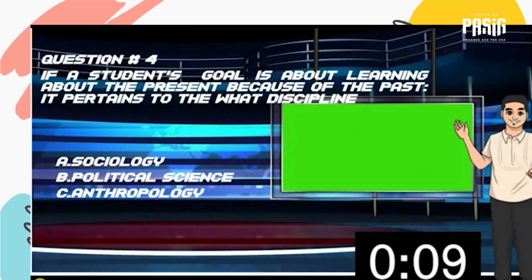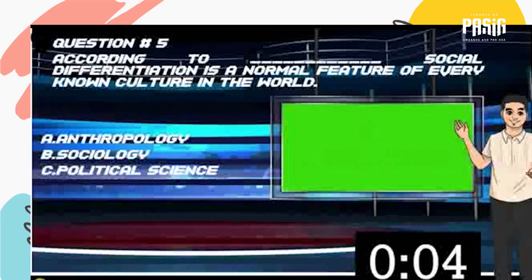Question number 4. If a student's goal is about learning about the present because of the past, it pertains to what discipline? Letter A, sociology. B, political science. Letter C, anthropology. The correct answer is C, anthropology. Fifth and final question for our post test.